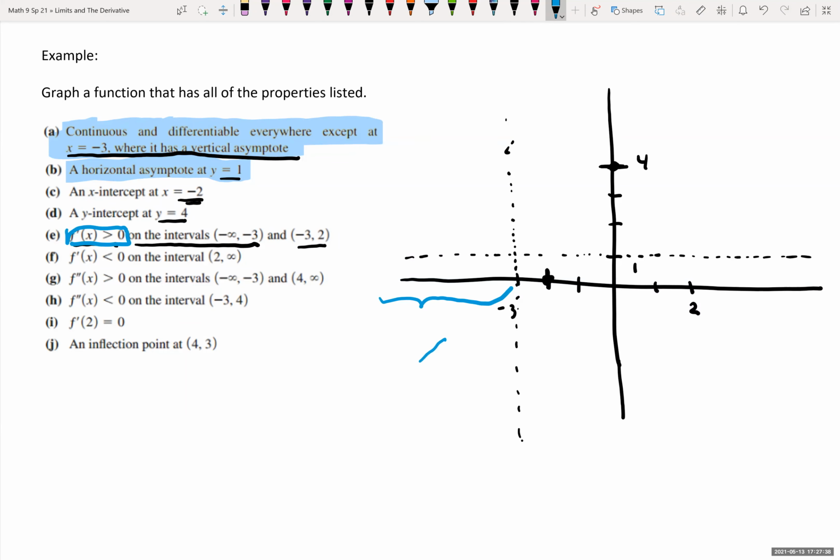So I'm just going to put that it's increasing here. I don't know if this is below or above the x-axis, but I'm just going to put that it's increasing here, and we'll come back and think about the shape and where that should be later. And we're given that from 2 to infinity our first derivative is less than 0, so I know that this graph will be decreasing.